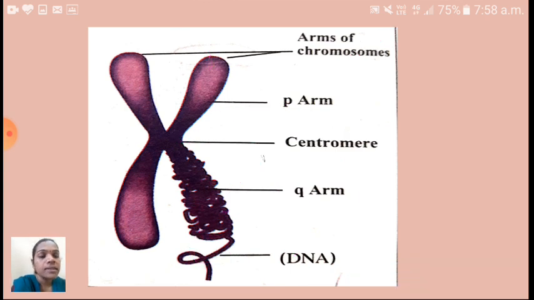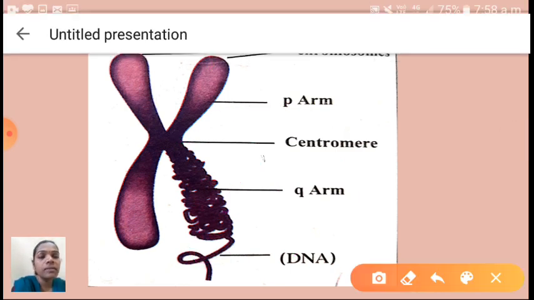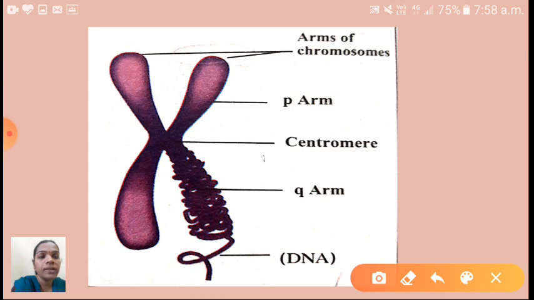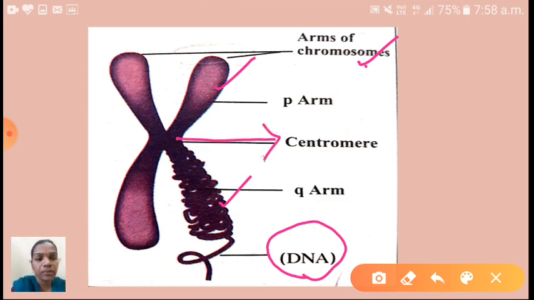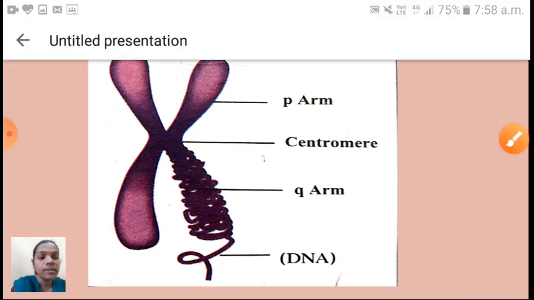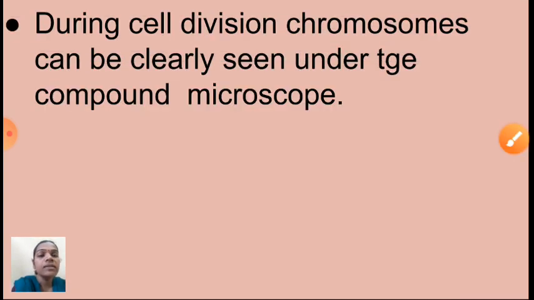Okay children, see here, this is the structure of a chromosome. These are the arms: this is the P arm, this is the Q arm. The chromosome is made up of DNA, that is a genetic material. The center part is called the centromere.